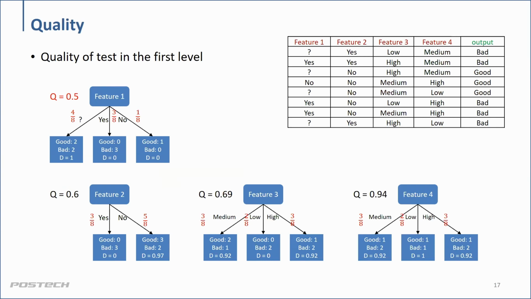In the previous way, we had to count and pick the maximum case. But here, with the definition of disorder, we have to pick the smallest one.